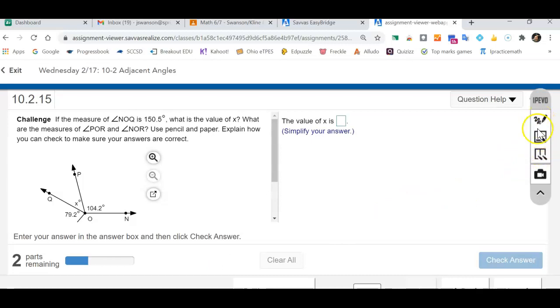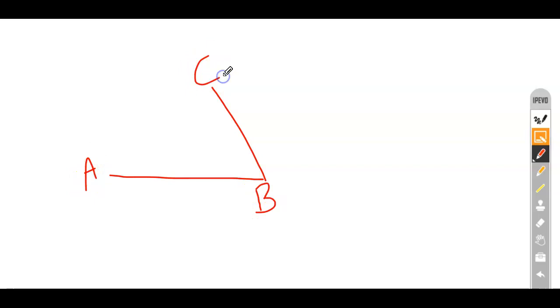So adjacent angles look like this. You have an angle. We'll call this ABC. All right.